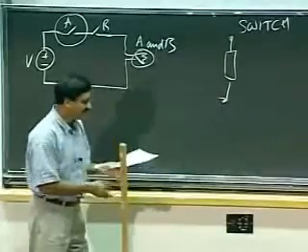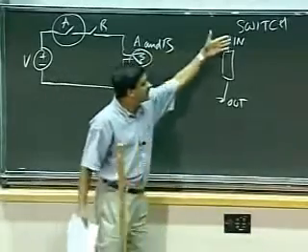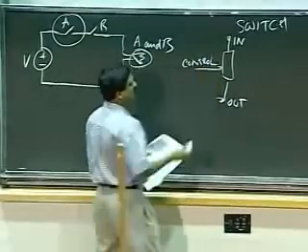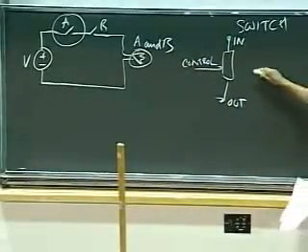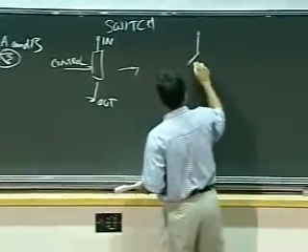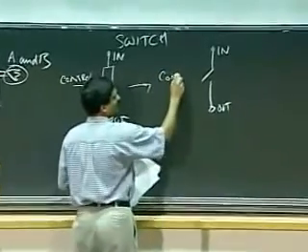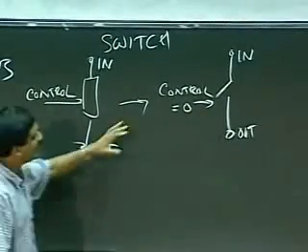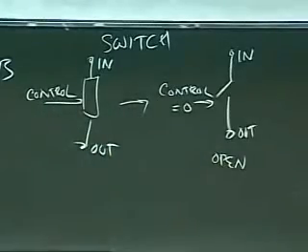So let me go ahead and build an equivalent circuit for a switch. So a switch has a couple of terminals here, and I have a control. Switches have a control, and they have a pair of terminals. And the equivalent circuit for this looks like this. This is for my switch. So when control is a 0, then my switch is open, to give me an open circuit in the circuit that I've shown you here.